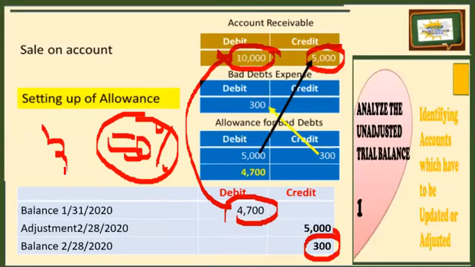If it's 3%, you can maintain that for a long period of time, whether there is a debit balance or a credit balance. In this case, if you have in the percentage of sales, when you have a debit balance in your allowance for bad debts, you have to adjust your percentage of sales.